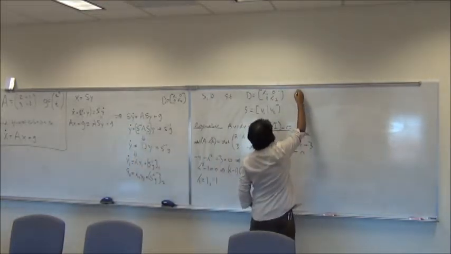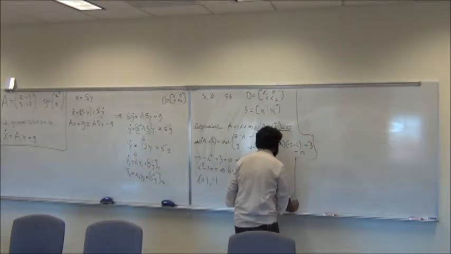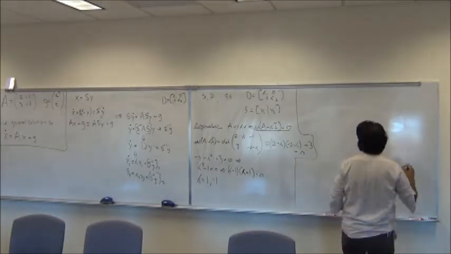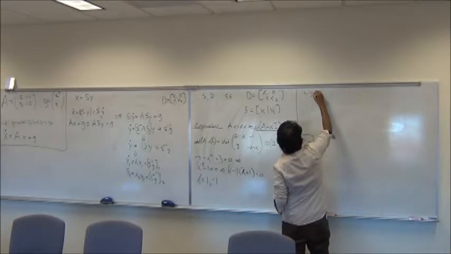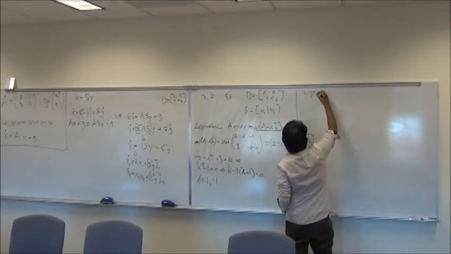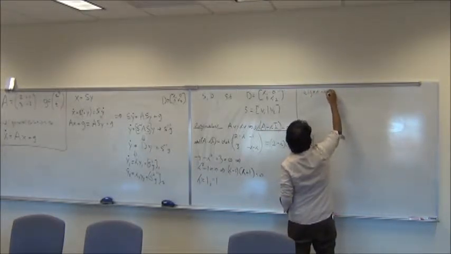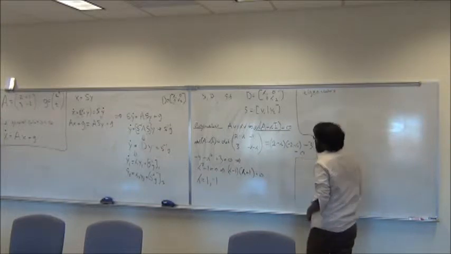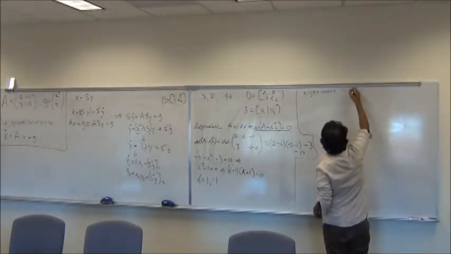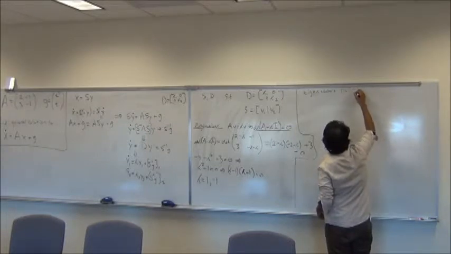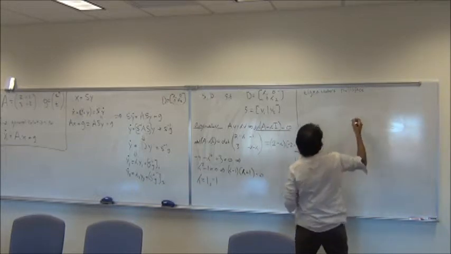And now let's use these eigenvalues and find eigenvectors associated with each eigenvalue. And again, the eigenvectors we find, they will be formed from the null space of this matrix right here.